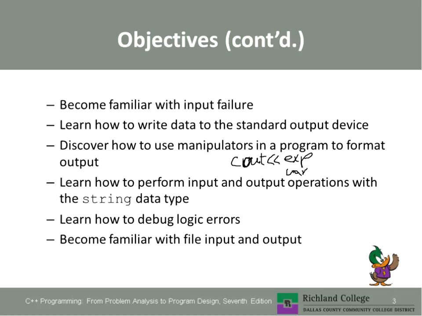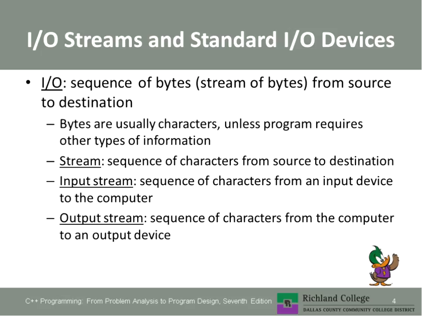But when we're printing something out, how do we know where that's going to show up on the screen? That's what we're going to be working with when we're talking about manipulators. We're not just allowed to output the result of an expression or the value of a variable, but we also can manipulate where that shows up on the screen.